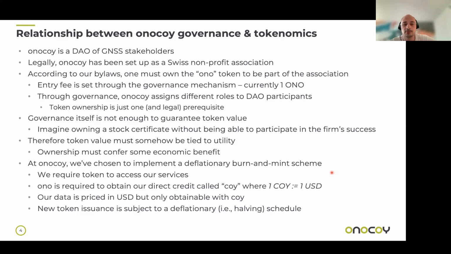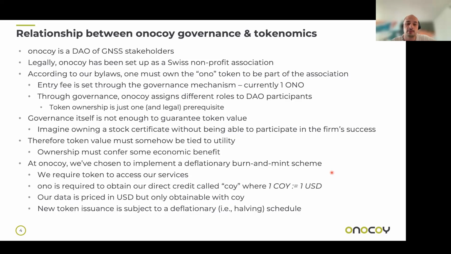A Koi is a direct credit that has a one-to-one exchange rate with the US dollar, but the US dollar can't be directly used to pay for the high precision positioning data that we provide to our customers. You have to pay for that in Koi.